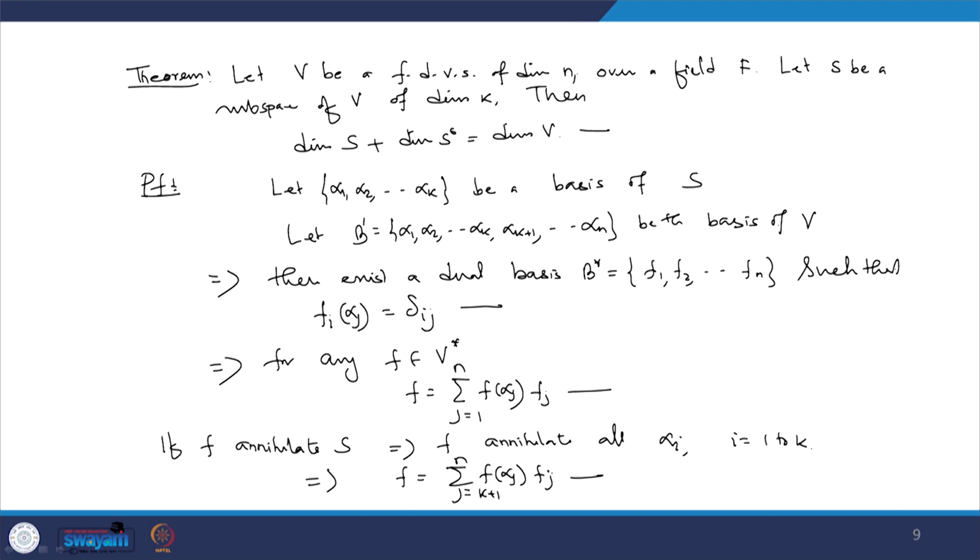This f1, f2, up to fn is a linearly independent set of V star, and so f k plus 1 to fn will again be linearly independent elements, and any linear functional f which annihilates capital S can be written as a linear combination of these n minus k linear functionals.